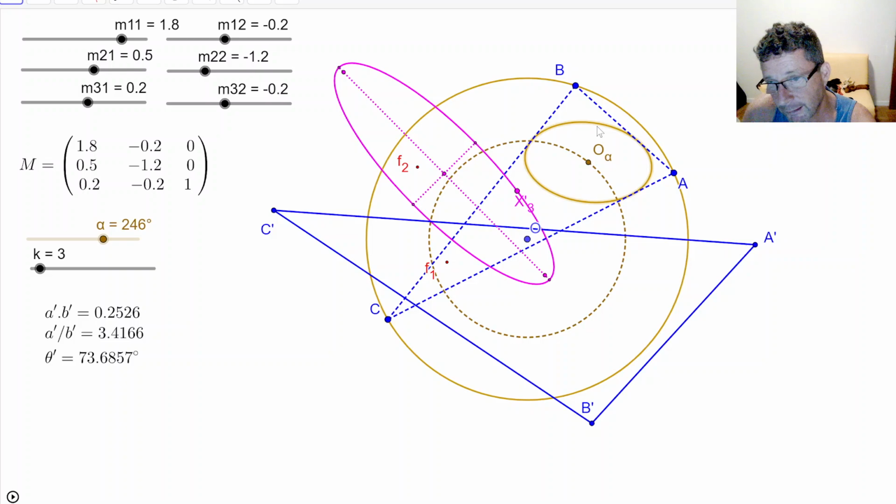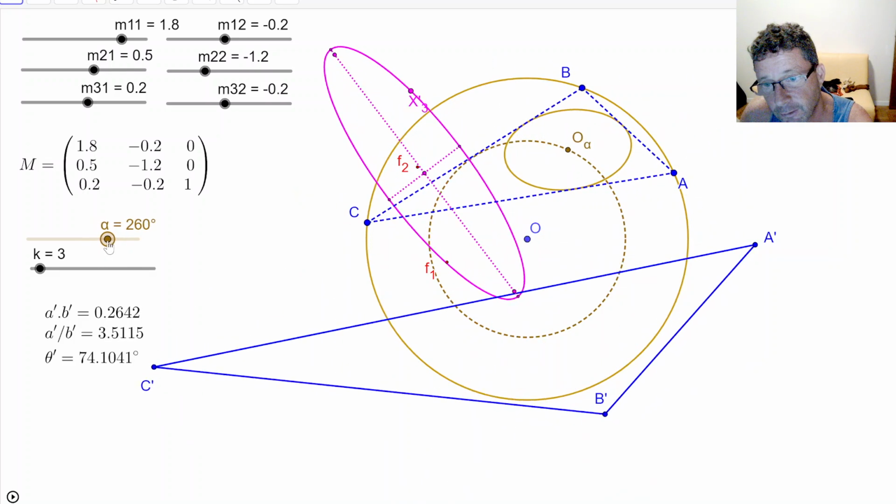And what I was doing is investigating the loci of these projective images of ABC under some fixed projectivity M. So you get A prime, B prime, C prime as a projective image of ABC under some fixed projectivity as I rotated the caustic rigidly about the center of the system.